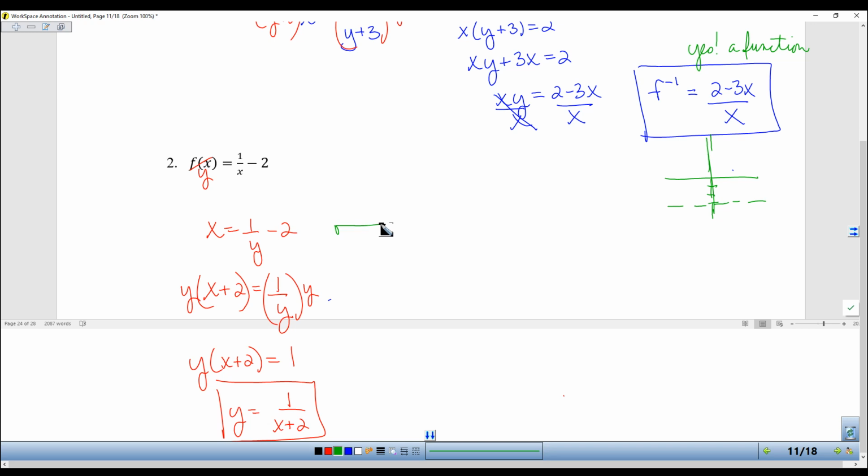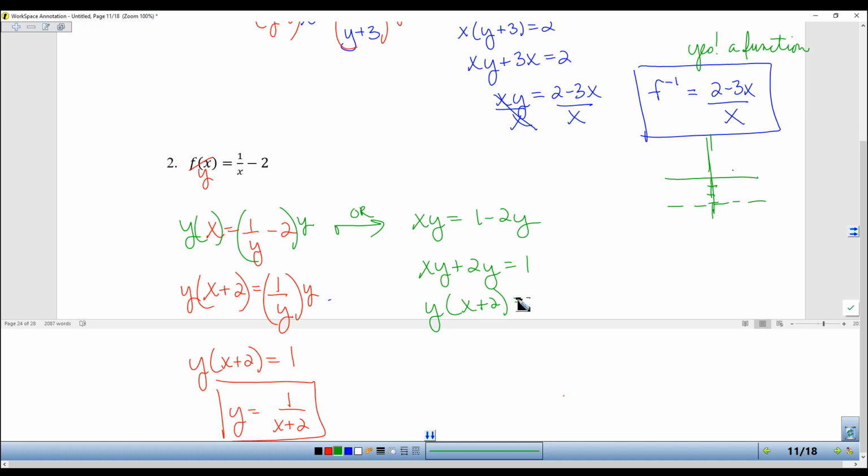Now, a lot of times I clear fractions in the beginning. So if I multiplied both sides by y first, I would get xy is equal to 1 minus 2y. And this is where some people get confused because now they have two y's and they don't know what to do with them. But you would put them on the same side, and then you would factor it out.